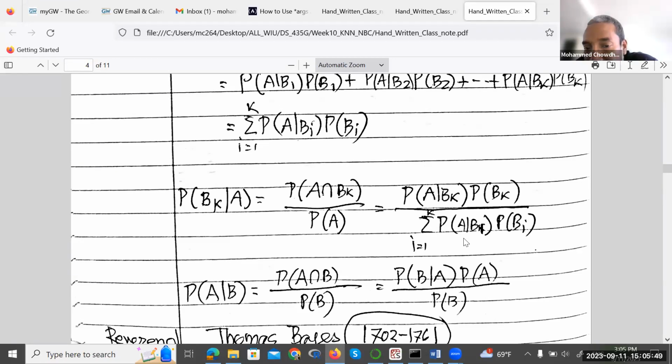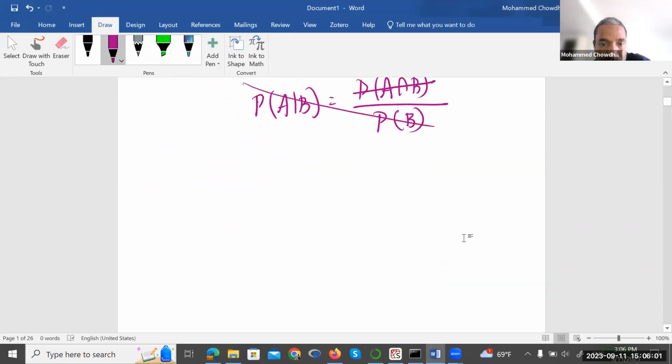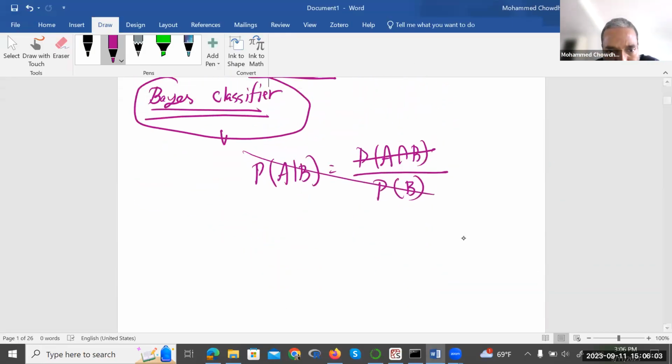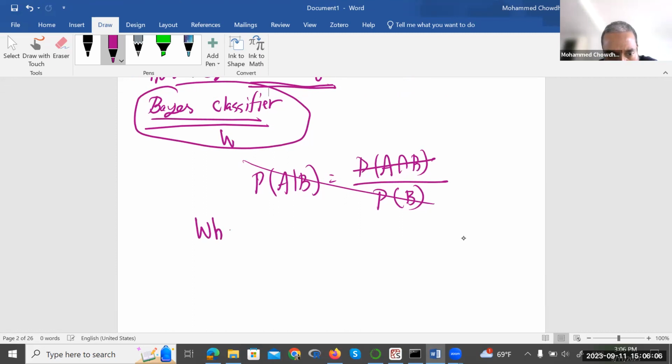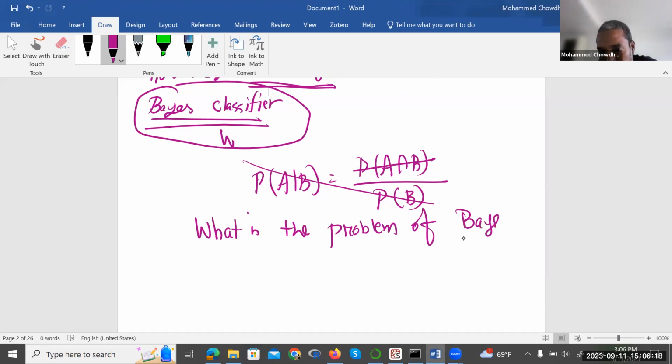But what is the problem of the Bayes theorem? Now I am going to show you in order to compute this value. What is the problem of Bayes theorem?